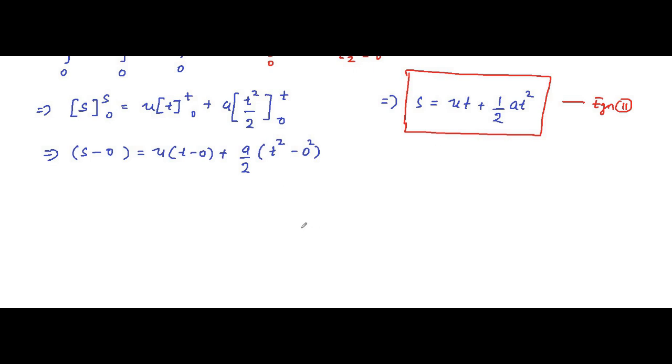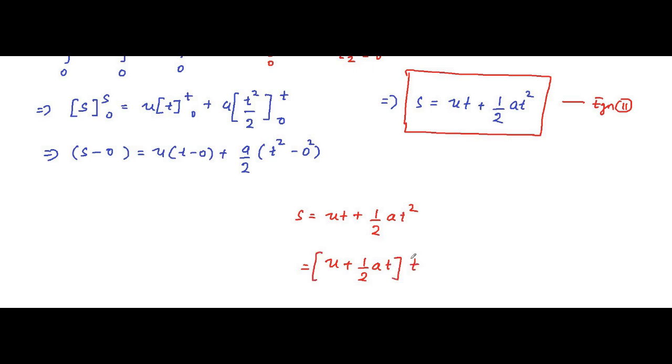So let's say we have this equation which we have derived, ut plus half at square. Suppose we write it in this way, u plus half at, taking t common.